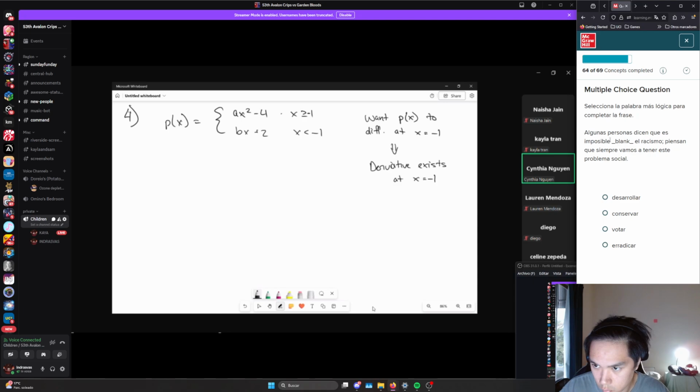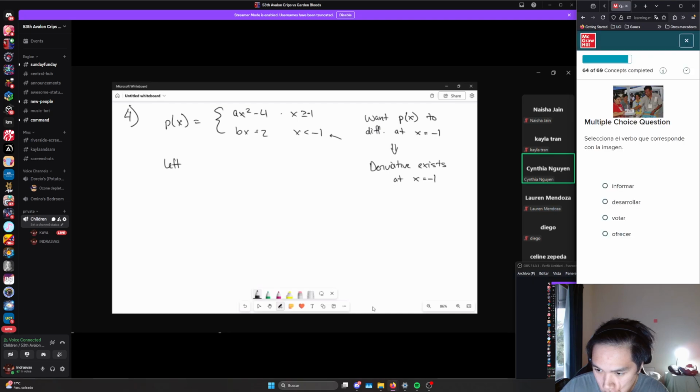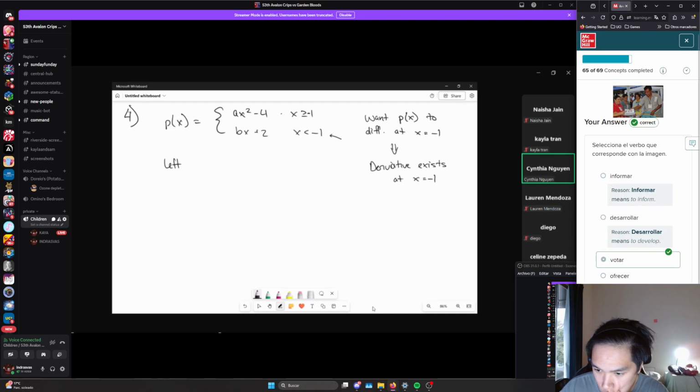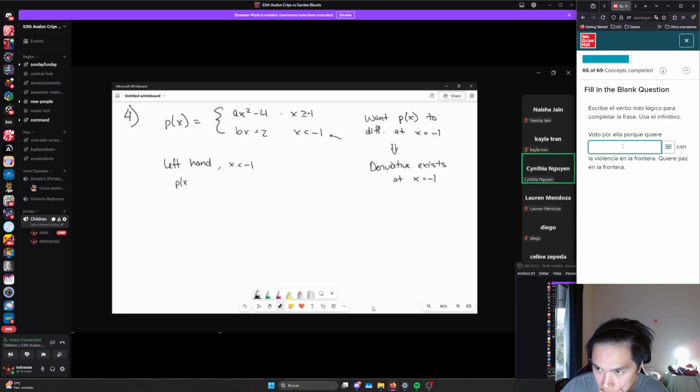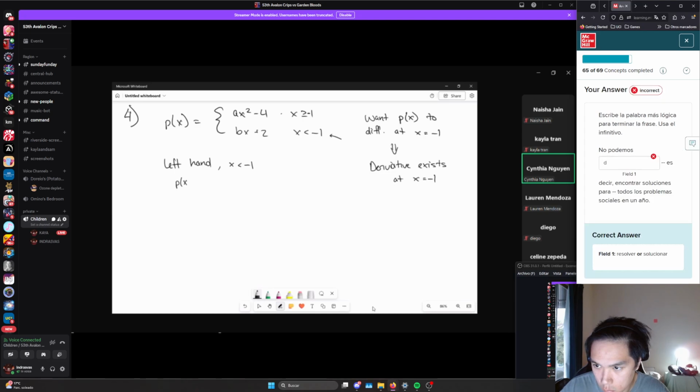So your left hand side in this case is this lower piece. To be clear, your left hand is when it's left of -1.